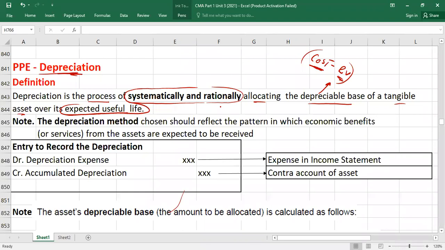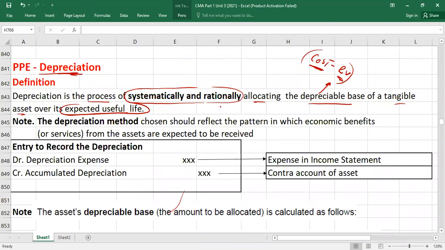So this is what is called systematic and rational allocation. There must be some rationale to select the depreciation method. But there is one point under US GAAP: even if your method is not reflecting the benefit consumed pattern, you can still select any method. This is GAAP, this is a relaxation.